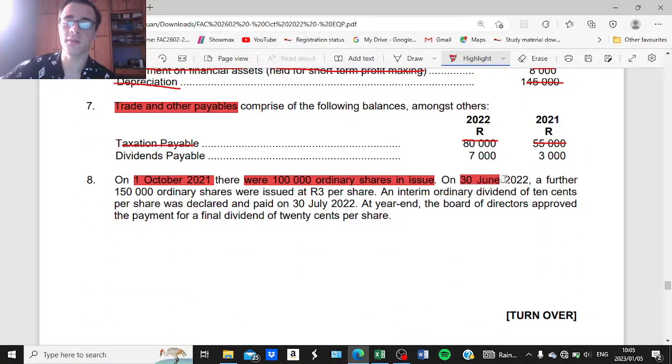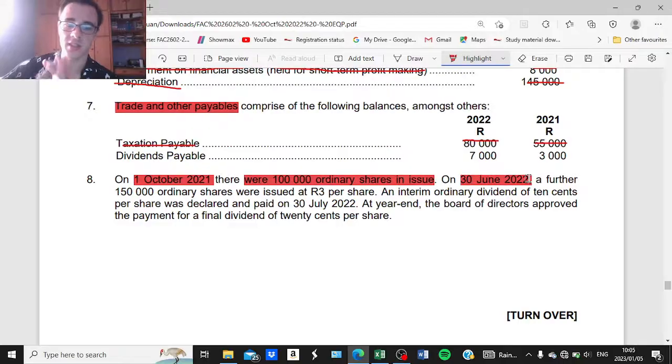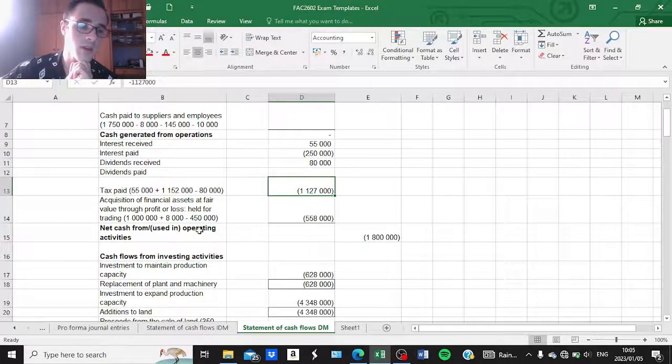Now, on the 30th of June 2022, which is during the current year, a further 150,000 ordinary shares were issued at 3 Rand per share. Let us first address that. Remember, shares were issued, which means that a cash flow occurred. So we must show this in the financing activities section.